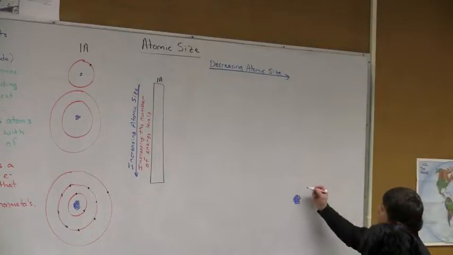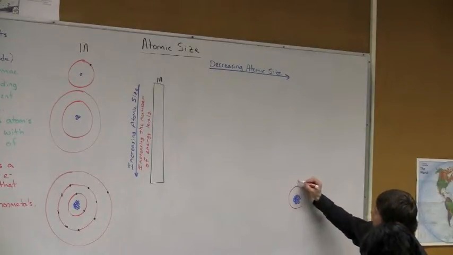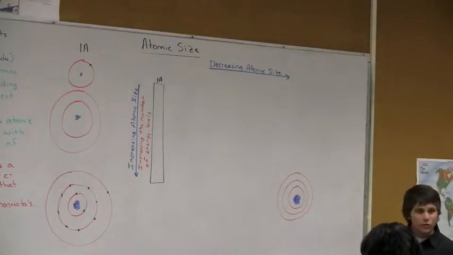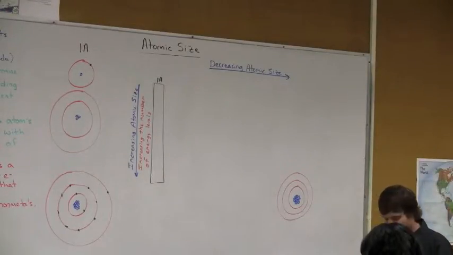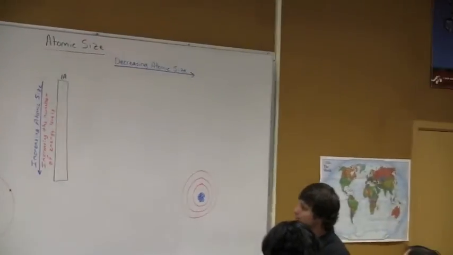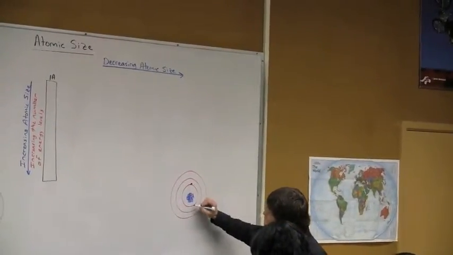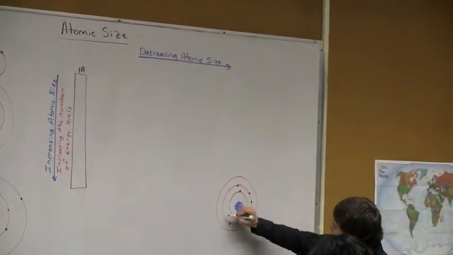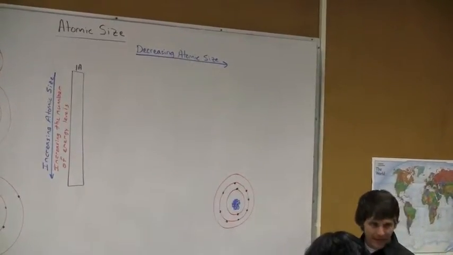And it still has 3 energy levels. But as you might expect, argon would be bigger than sodium because it's got 18 protons and 18 electrons.